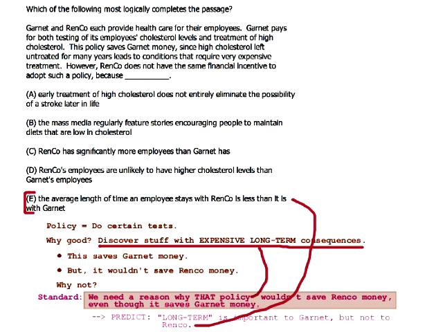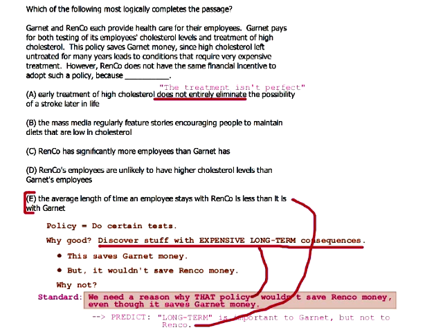It does not entirely eliminate. All they're telling you here is that the treatment isn't perfect, which is fine, but we're talking about aggregate effects anyway, so those are not affected.